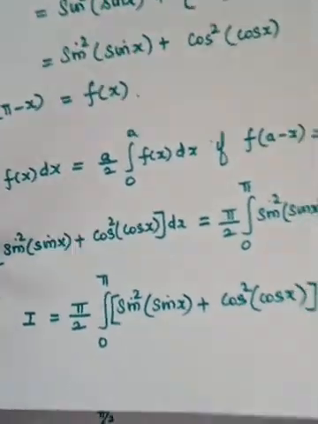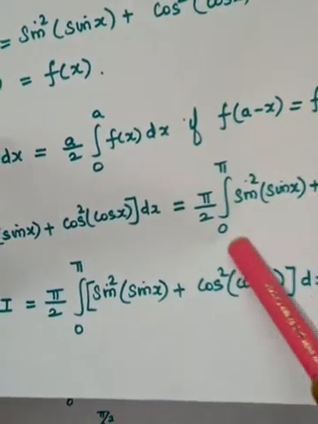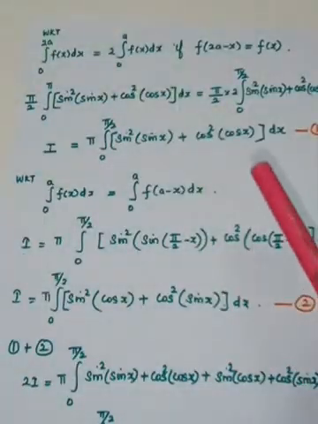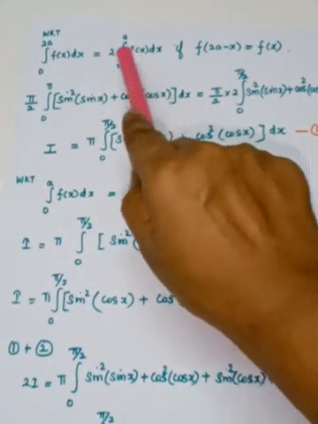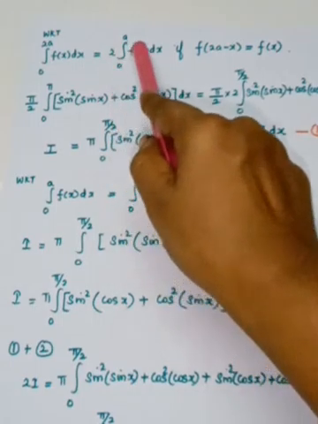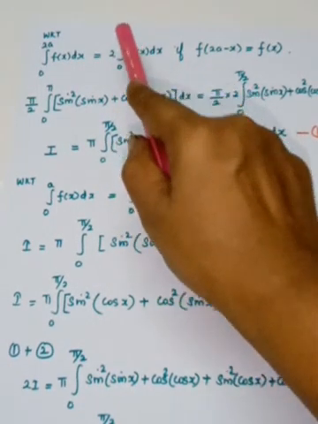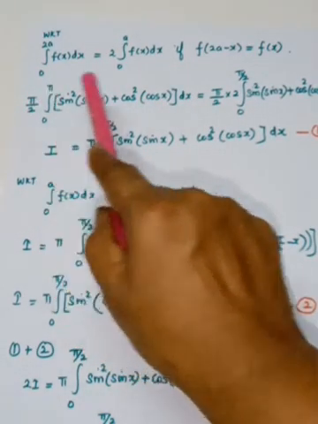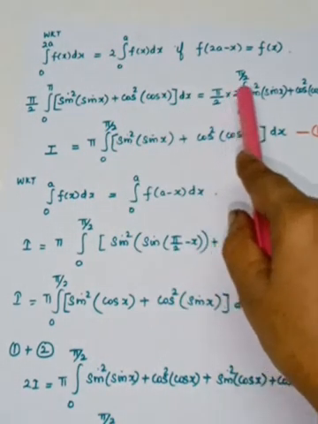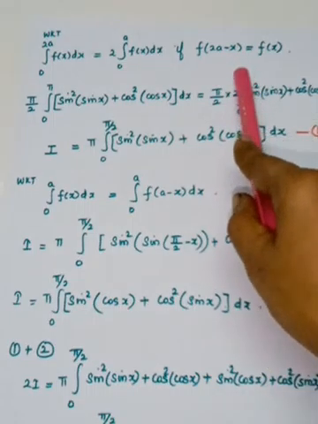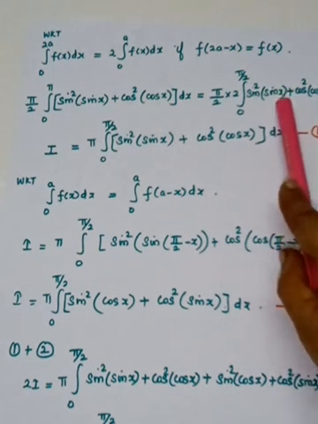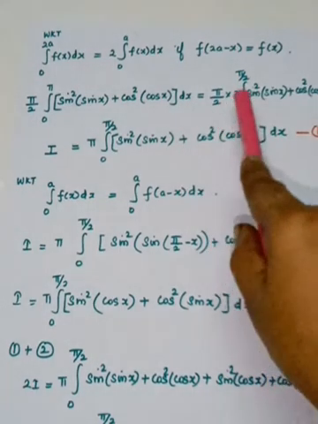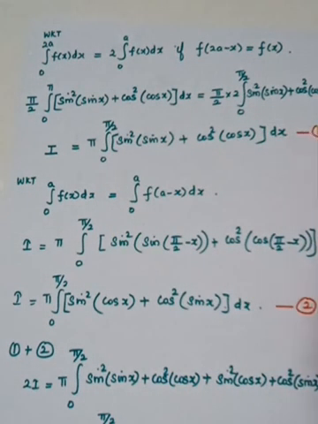Therefore the whole integral can be written as 2 into 0 to pi by 2 according to this property. Already pi by 2 is there. So pi by 2 into 2 integral 0 to pi by 2 sin squared sin x plus cos squared cos x into dx. So if you cancel, you call this as 1.